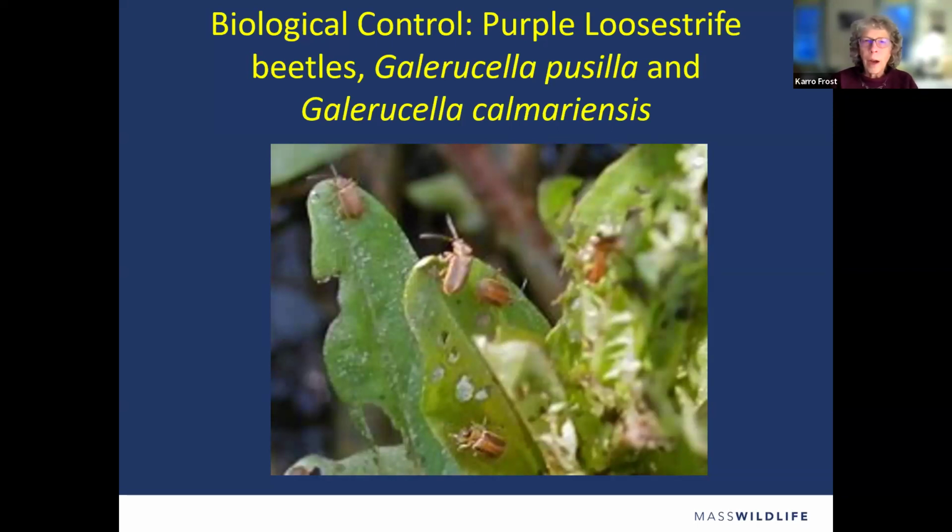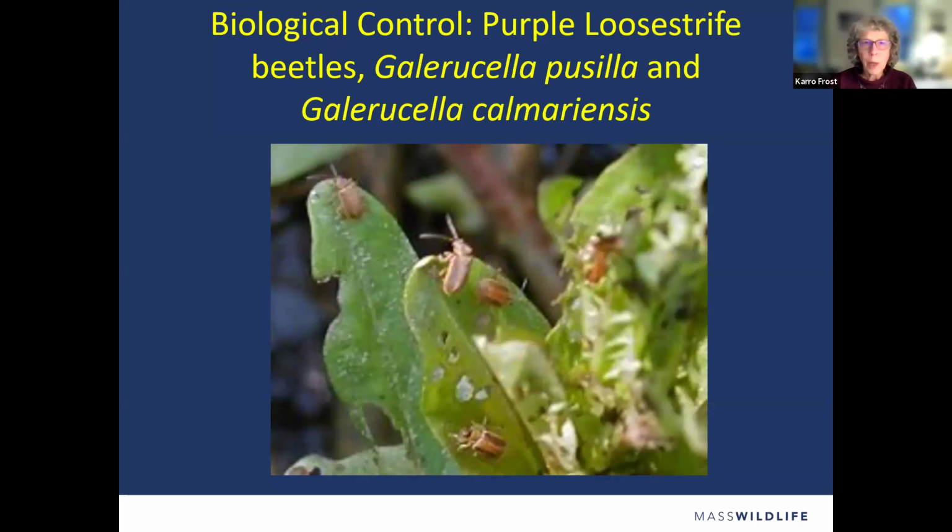And I will say, as with any insect that's being used as control, they're not wiping out purple loosestrife. They knock it back some and reduce its numbers, sometimes substantially. But some years they don't seem to be doing a whole lot.